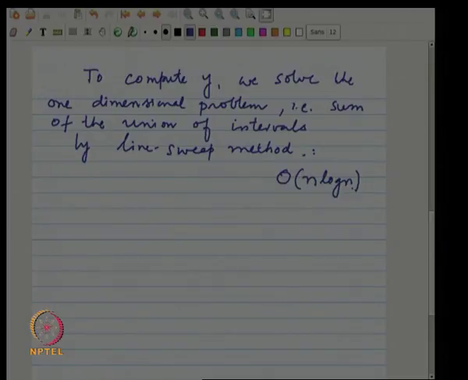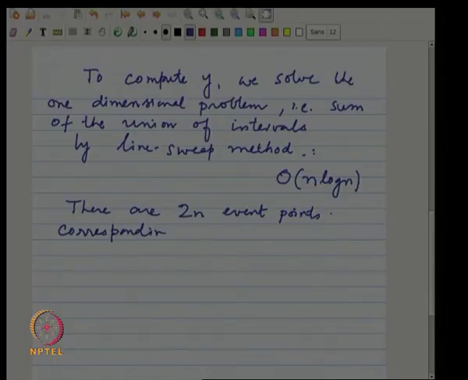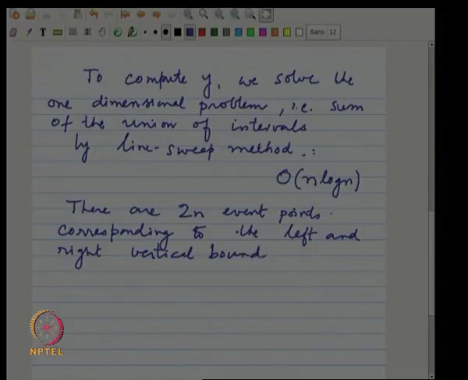And then there are 2n event points corresponding to the left and right vertical boundaries of the n rectangles.